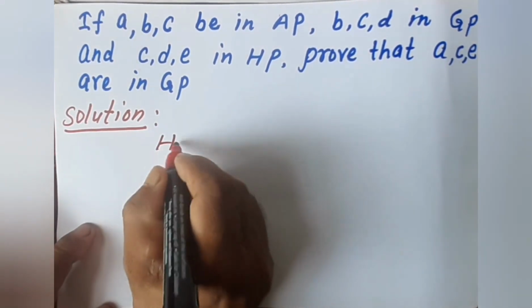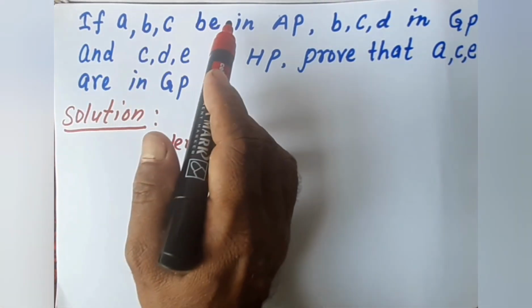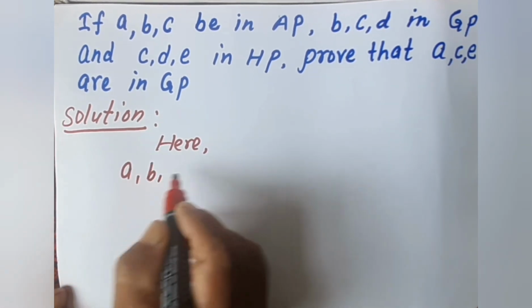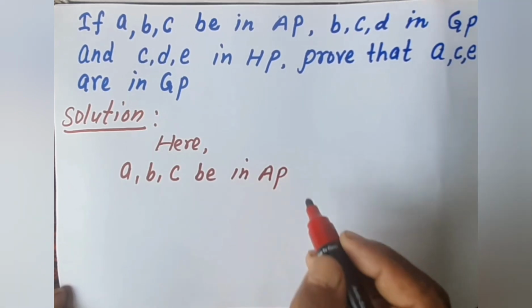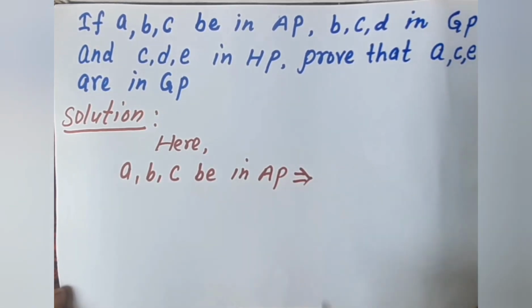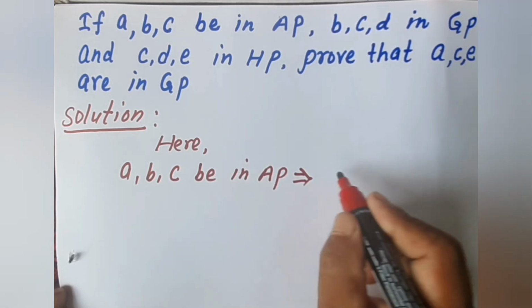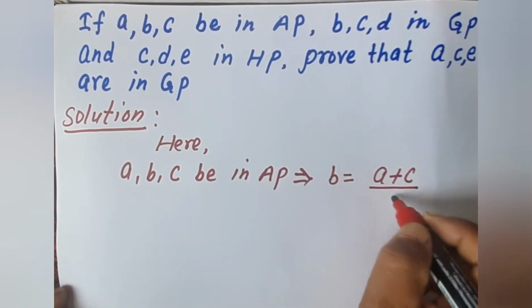First of all, let's see here. We are given A, B, C be in AP. This implies, by the formula of arithmetic progression, we can write B is equal to A plus C by 2.